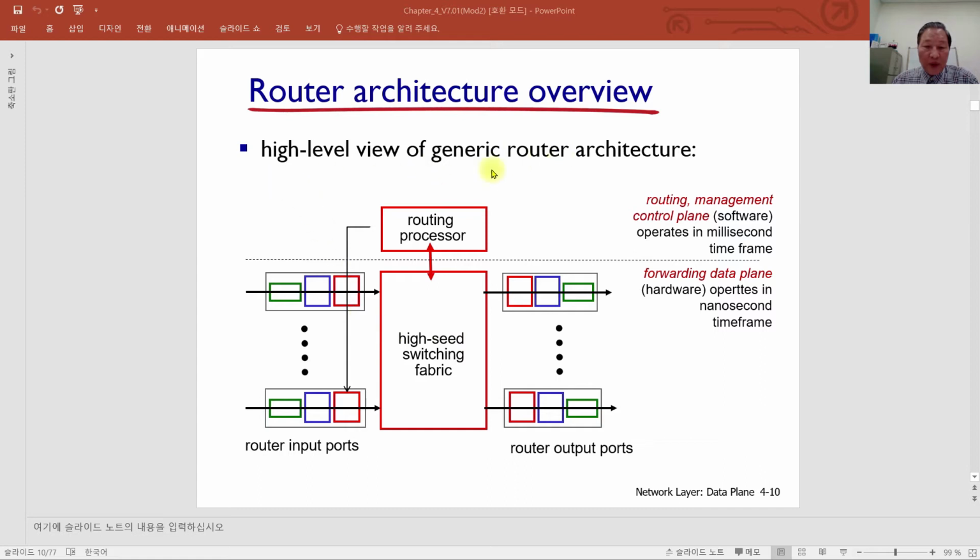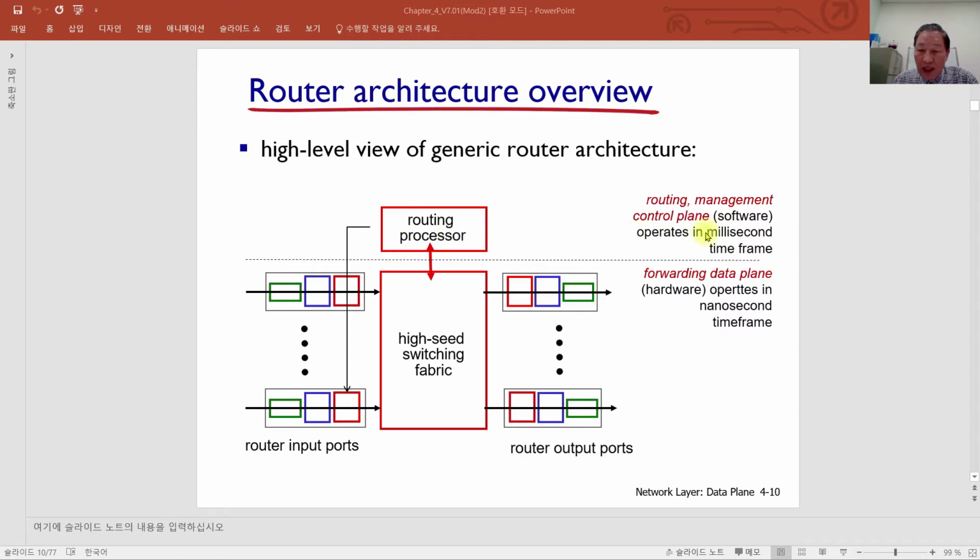Let's focus on this one first. High-level view of generic router architecture, like this. Routing management control plane here. This is software. This one is special purpose single computer, you can think. But the main functionality is mainly for routing.